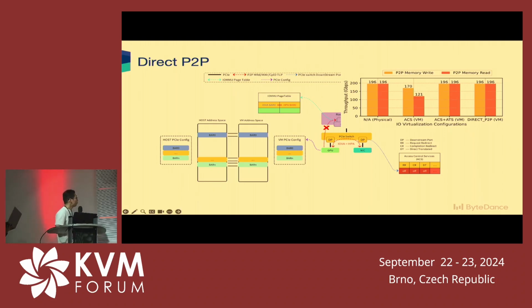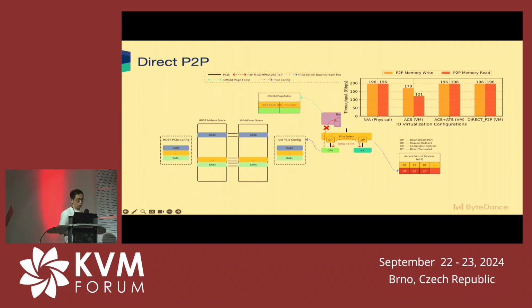In addition, if we want to use the direct P2P solution, we must pass through all the devices below one switch into the same virtual machine, because if different devices are passed through into different VMs, and we have already disabled the ACS, there will be some transmission errors.